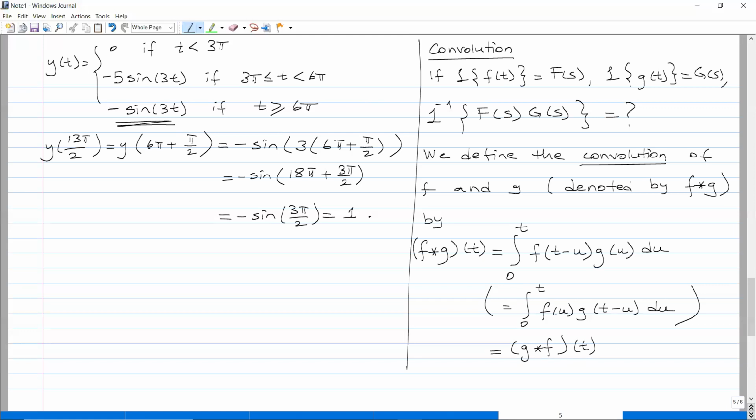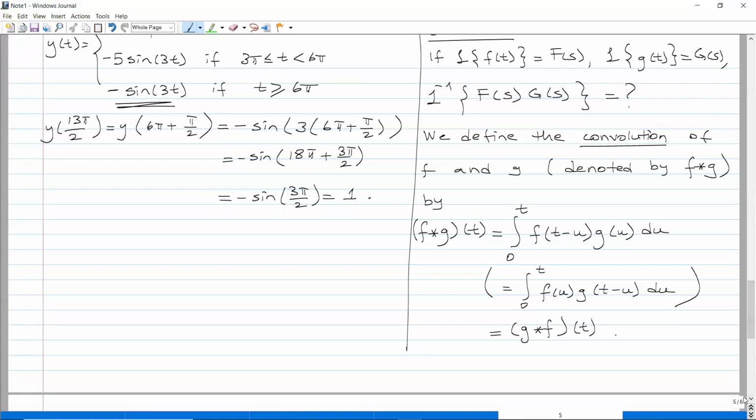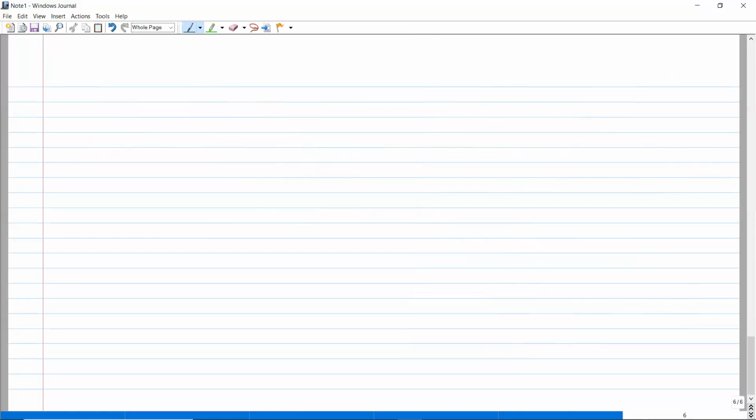So the variable of integration is u. We keep t fixed. We are trying to define a new function f star g, and its value at fixed t. Once you fix the t, you take the integral with respect to u. To see how this works, let's do an example.